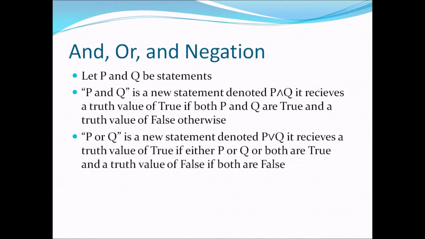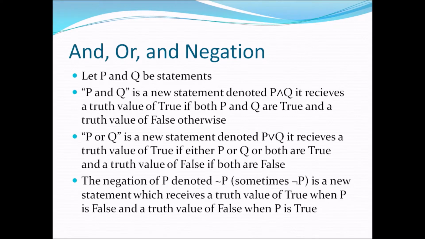If both are false, or is false. And the last one is just the negation of P, which I like to denote by the tilde and then P. It's a new statement which receives a truth value of true when P is false and a truth value of false when P is true. So basically, it just negates it.